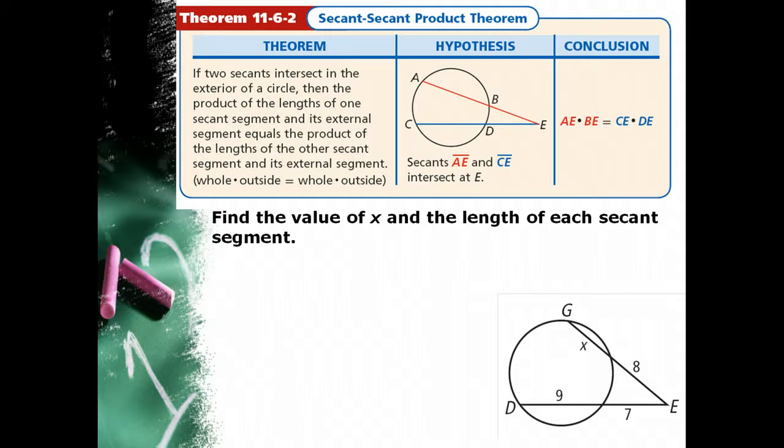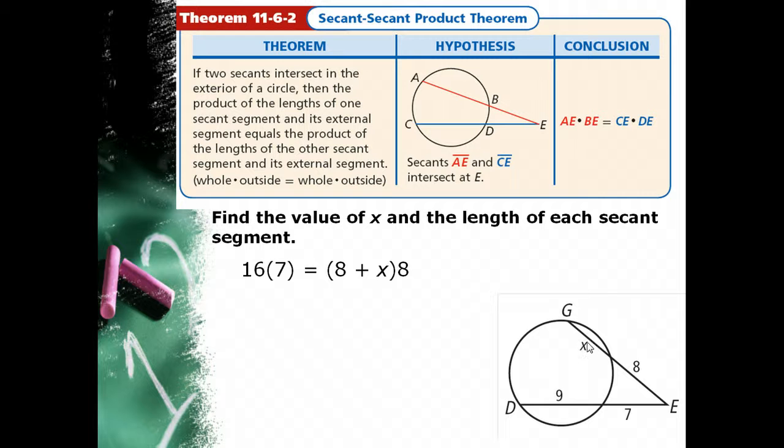On the value of X and length of each secant segment, well, it's the whole times the outside, so we have to add these up. And for DE, we have 16, and we multiply that times the short part outside, 7. And then we add these.